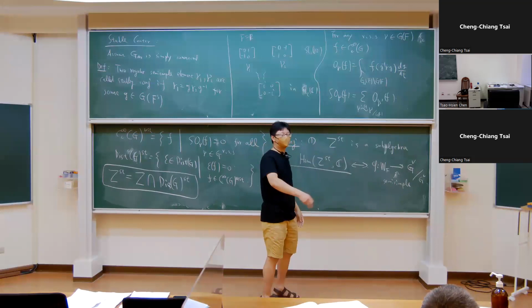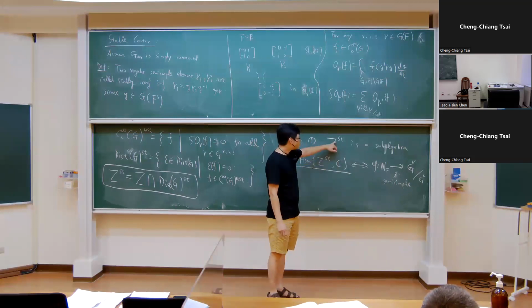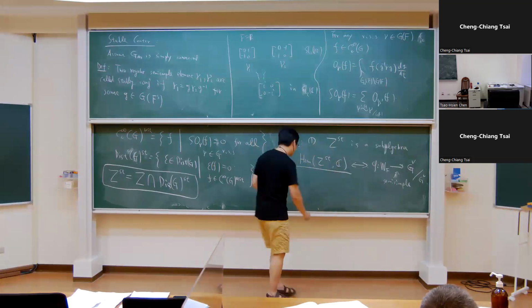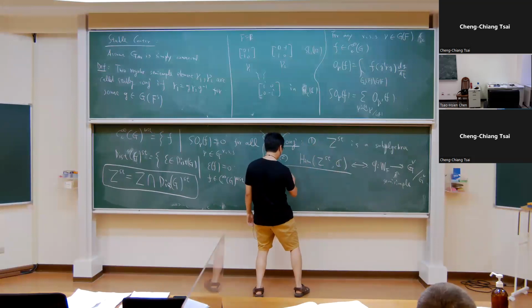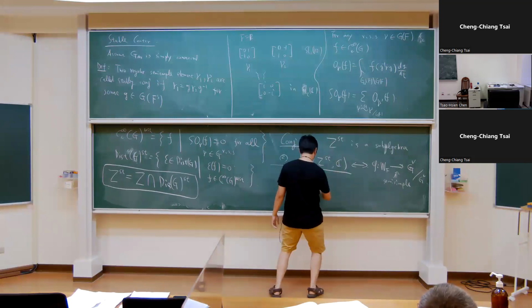No, because the stable center somehow relates to L-packets, so somehow this collapses all the L-packets. There's a better statement, so let me say it next time.